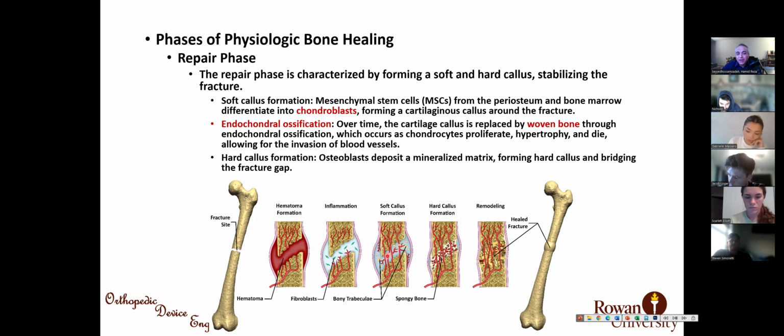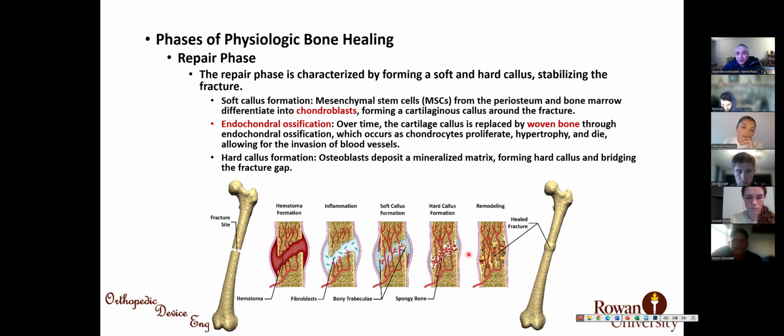This is called soft callus, and it is soft tissue here, cartilage and fibrous tissue. But gradually, the same mechanism as endochondral ossification happens here, and these cartilaginous particles turn into bone. And this time we call it hard callus.